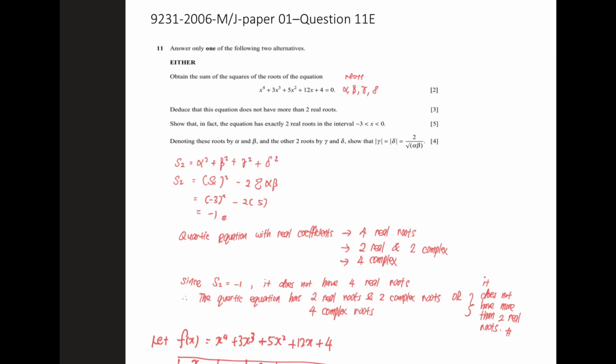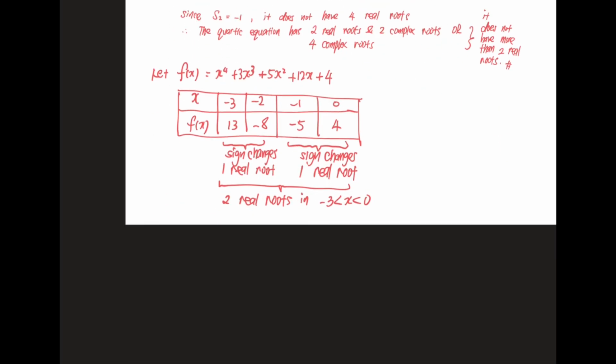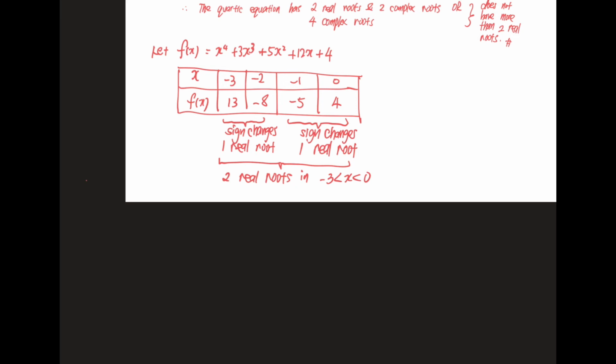So in order to do this, let's observe the last coefficient, 4. We know that 4 is alpha, beta, gamma, and delta multiplied together. So let me write it down first. Alpha, beta, gamma, delta multiply, and you will get 4.